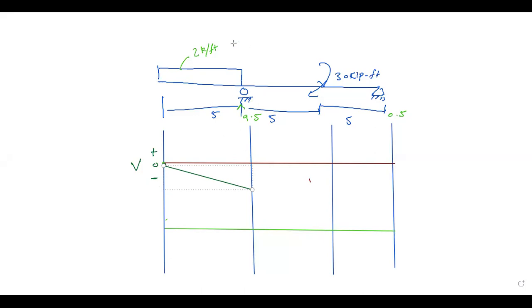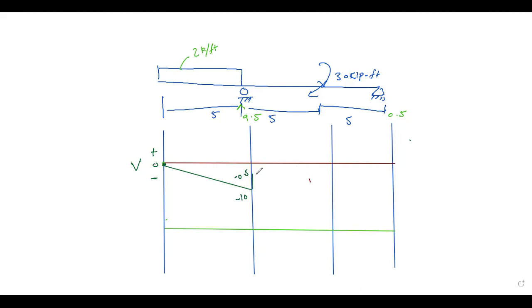So we just make a line from here to here. Now the value here is minus 10 and here it is minus 0.5.